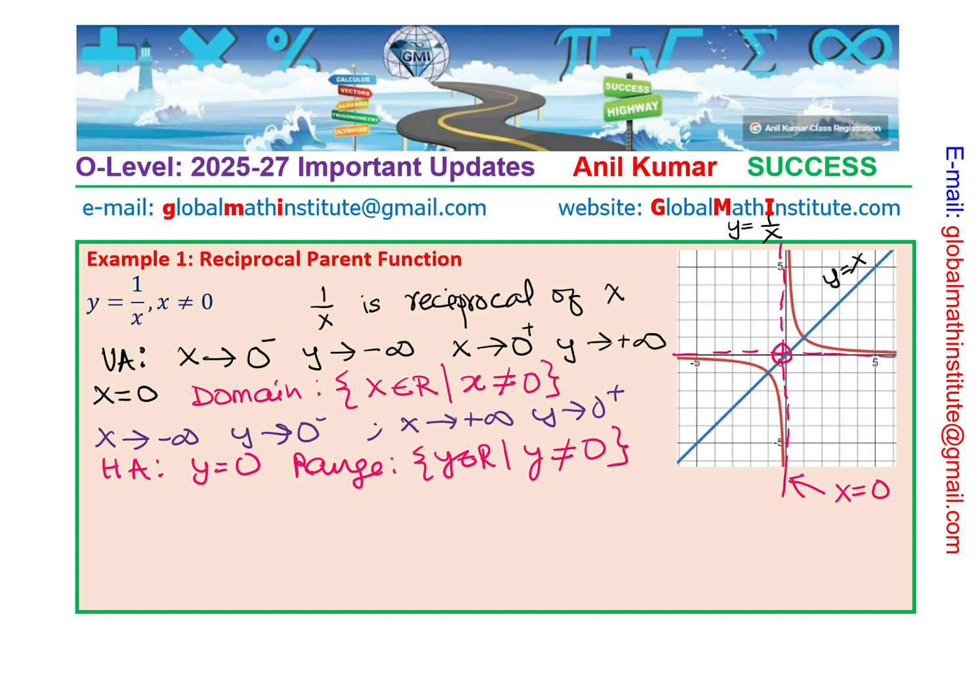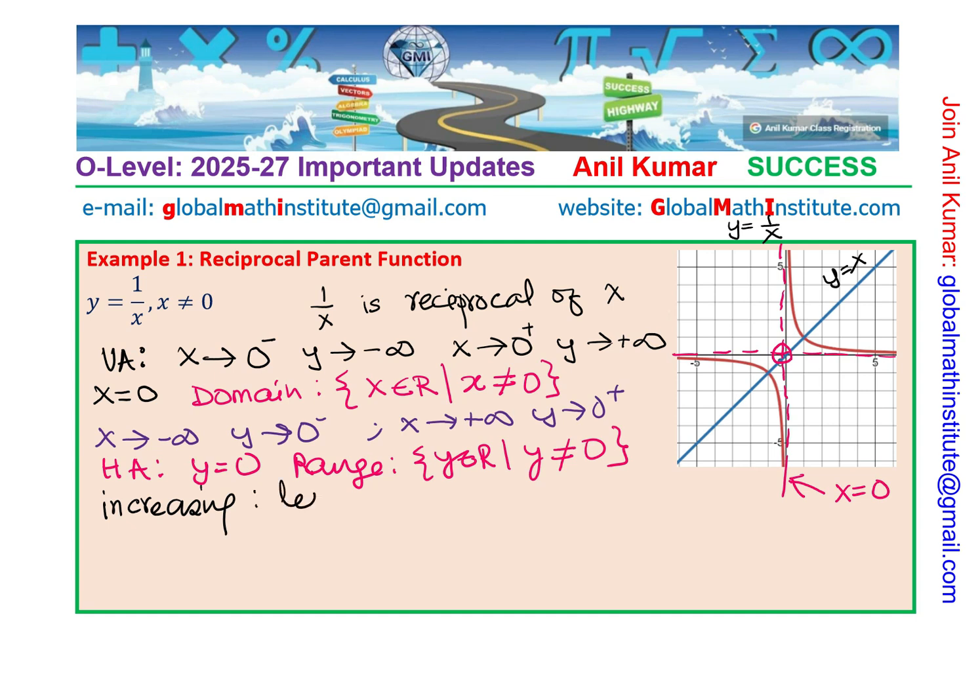Now let's talk about the increasing and decreasing behavior. Now, what is an increasing interval? Well, an increasing interval is when you look at the function from left to right. When you check from left to right, you see the value f of x, the y value, decreases. So it is always decreasing. It is never increasing, correct?